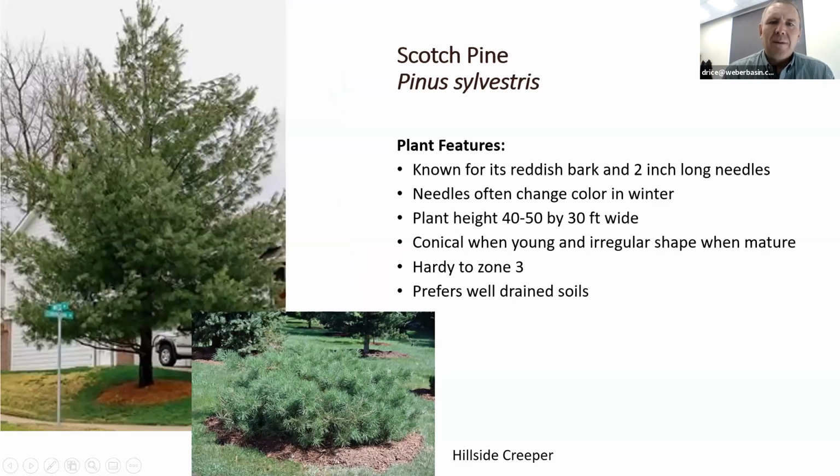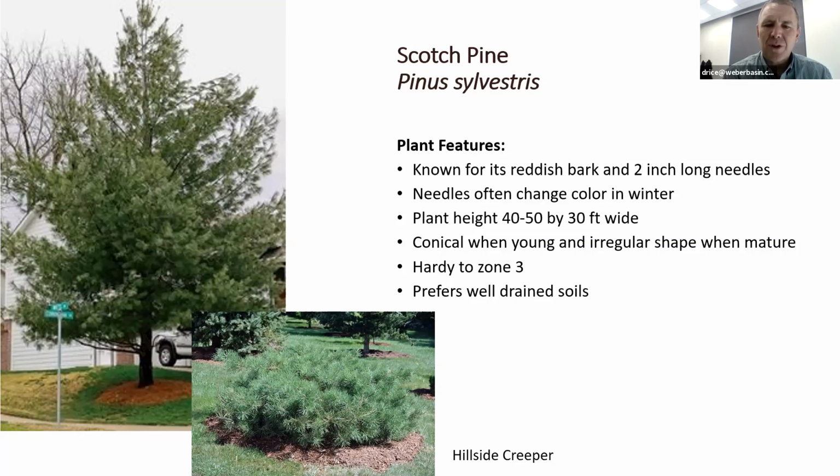Scotch pine, another big tree at maturity, although there are some nice dwarf varieties. With this one, the needles change a little bit of color in the winter, not dramatic, and it's really known for its reddish bark. It has a really nice contrasting reddish bark to it, and it prefers well-drained soils.